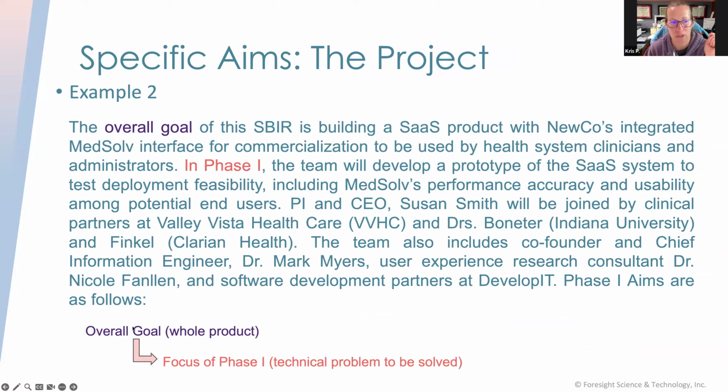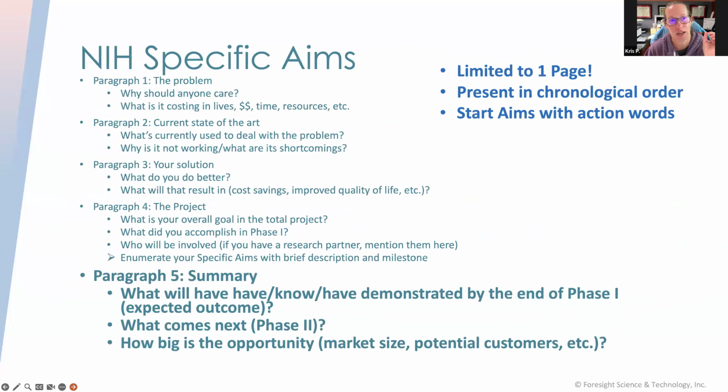And then phase 1 aims are as follows. And it's educating the reviewers that unlike the normal research proposal you read here, buddy, these aims are somewhat interdependent because we're developing a product. We're not just collecting data so we can publish a paper. We are creating a product.